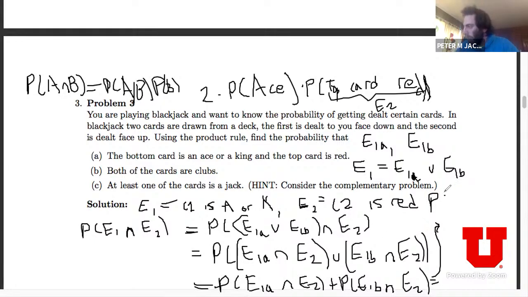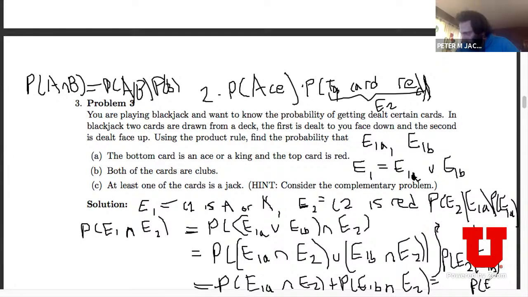So this is the probability of E2 given E1A times the probability of E1A. And then the second event is the probability of E2 given E1B times the probability of E1B.